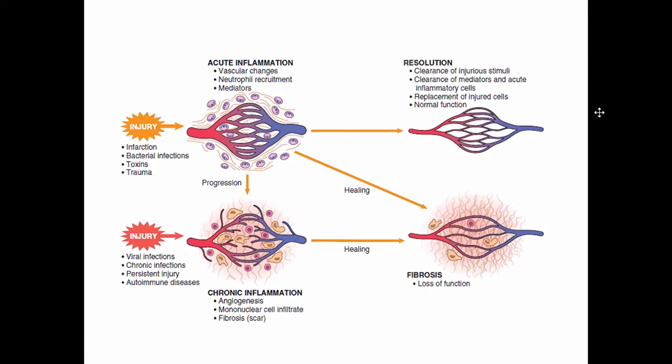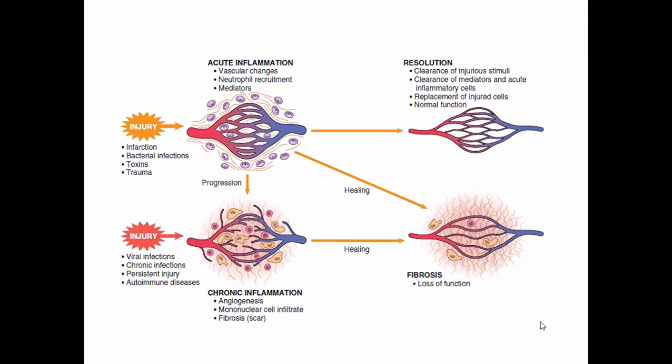The vascular and the cellular reactions account for the cardinal signs of inflammation, which include rubor, calor, tumor, and dolor. The increase in blood flow into the injured area and the increase in vascular permeability lead to the accumulation of extravascular fluid, rich in plasma proteins, and they cause edema.